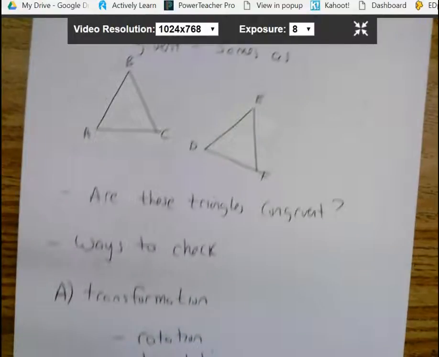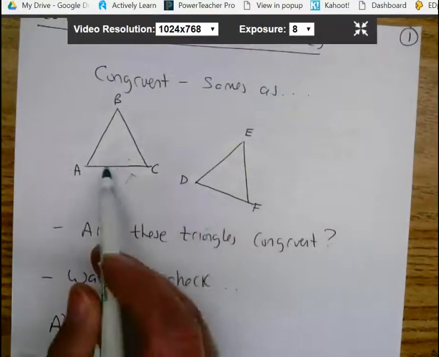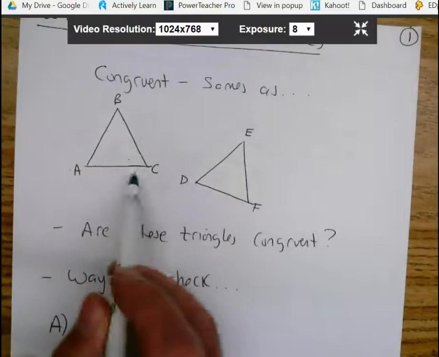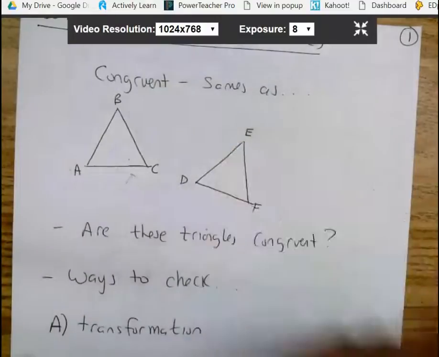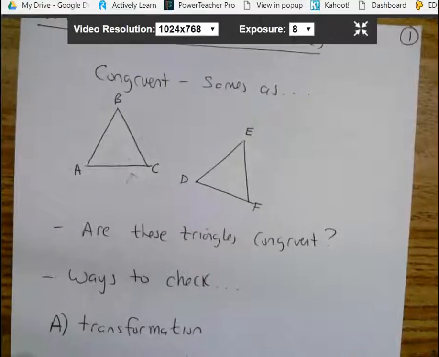So if you look at this one here, we could rotate it a certain amount, so it's up against this, at the bottom of this triangle, and then we could reflect it over an axis, some x-axis, and we could then see if they line up. Okay, that's an example of using a transformation.